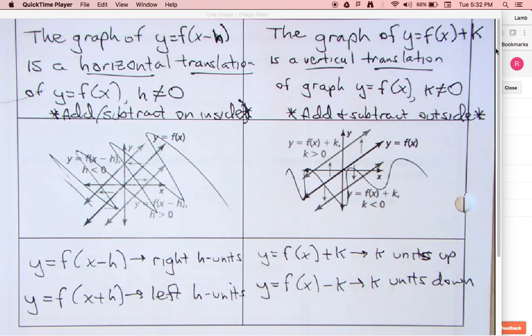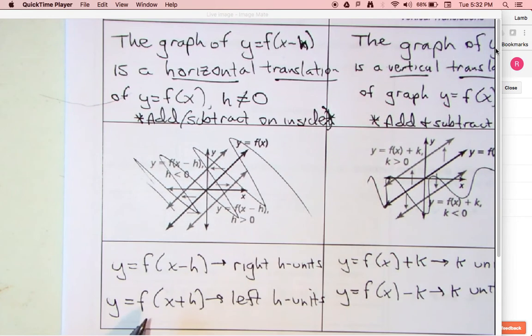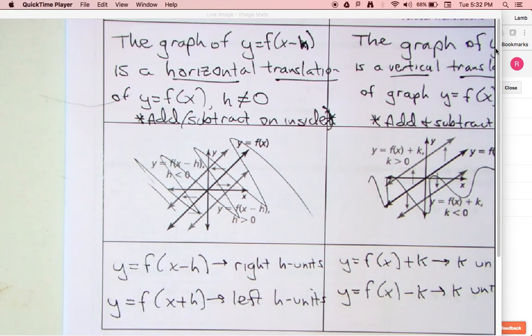Keep those things in mind when we talk about vertical translations and horizontal translations. If you have a function where, on the inside of the function, you subtract so many units, that's going to move it to the right, and if you add so many units, that's going to move it to the left.